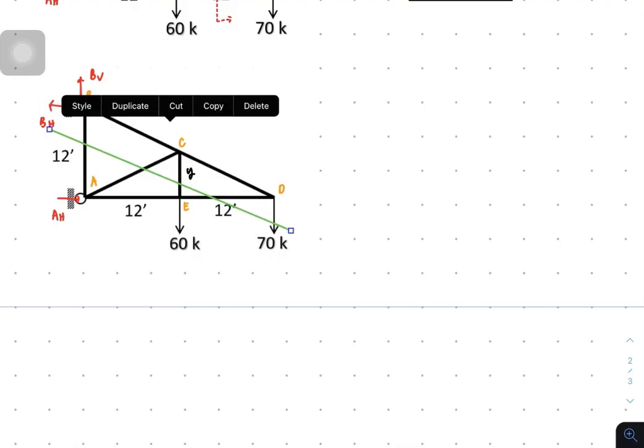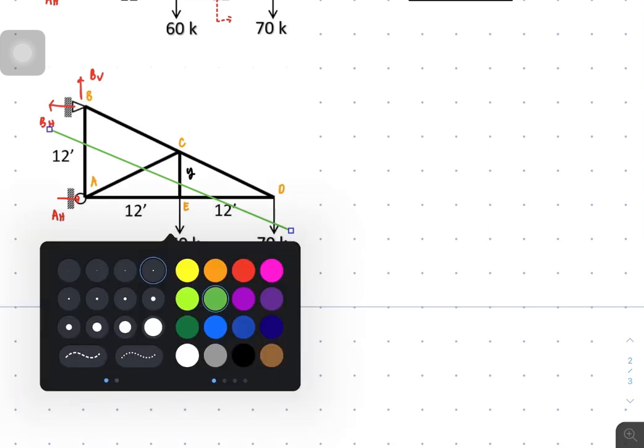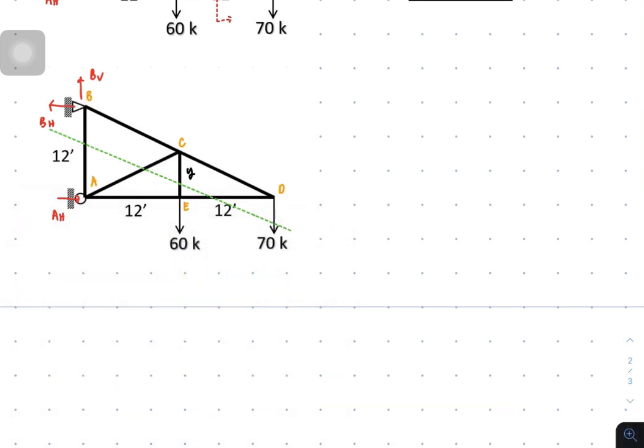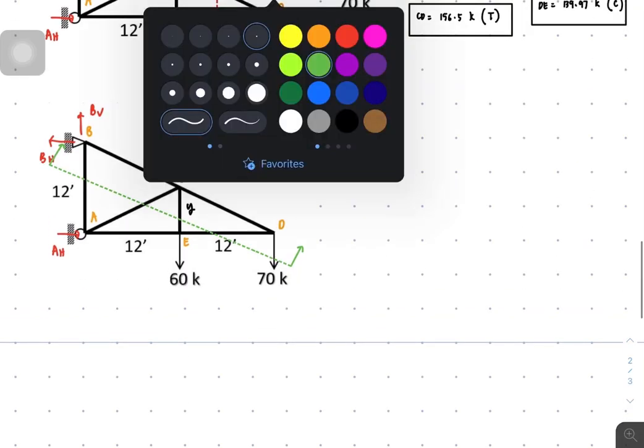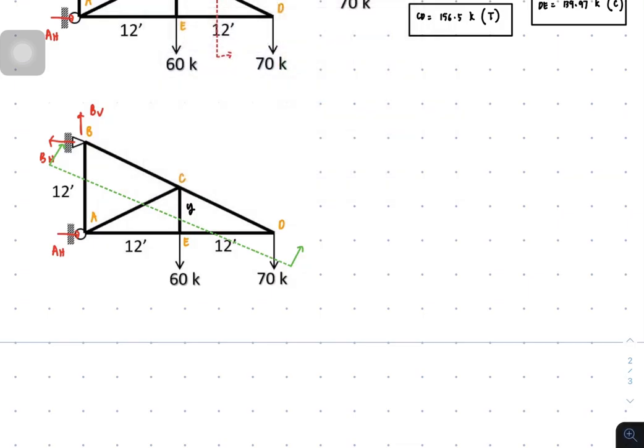And by that, let's just change the style. It should be that. So I'll consider this portion. Okay, so how do we consider that portion? So let us now cut and draw.